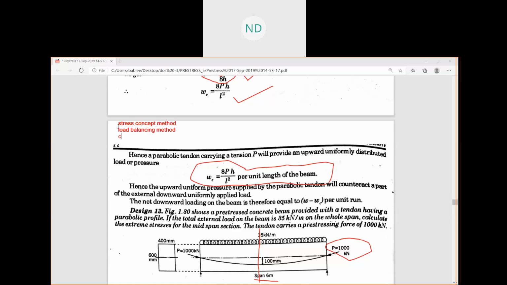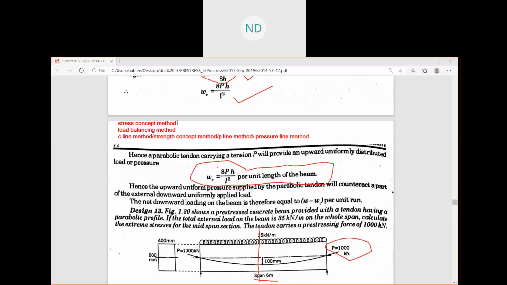And the third one was the C line method, or you can say strength concept method, or P line method. Also, you can say P line, C line, strength concept method, or thrust line method, or pressure line method.